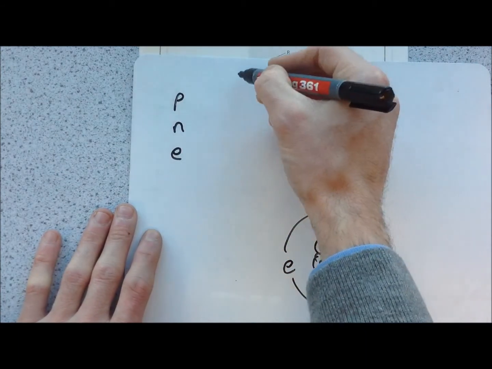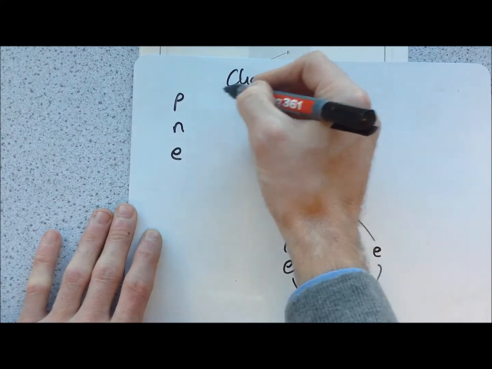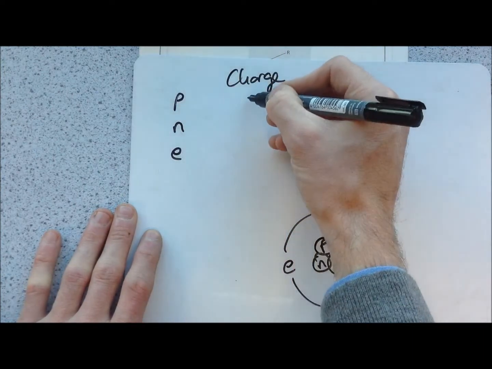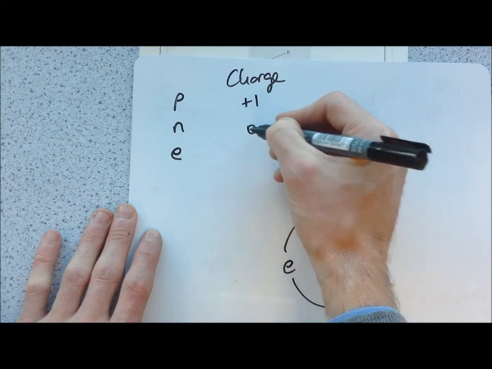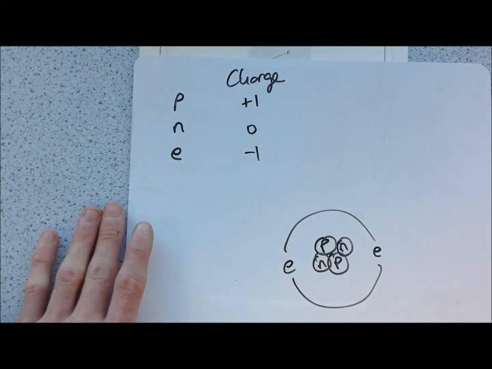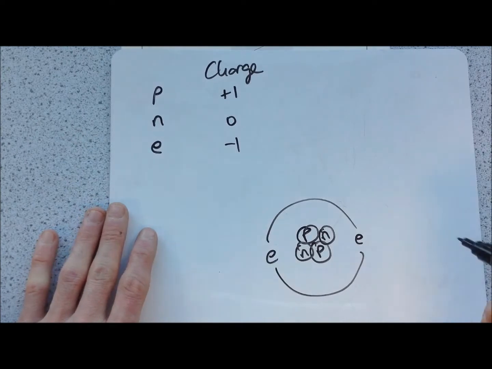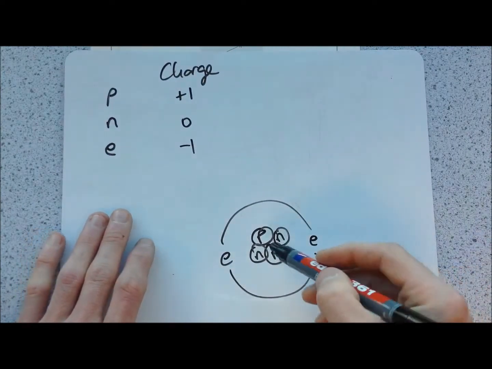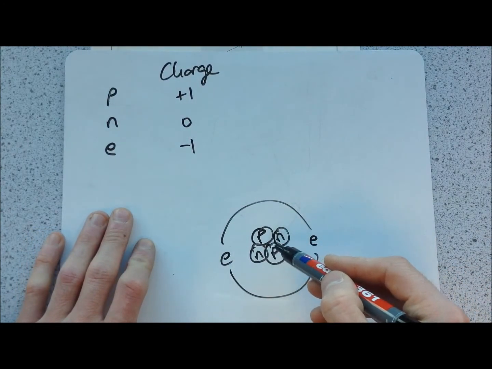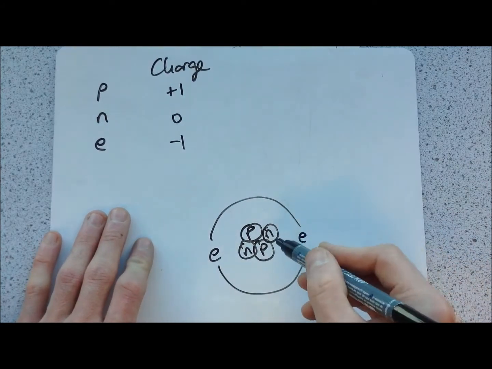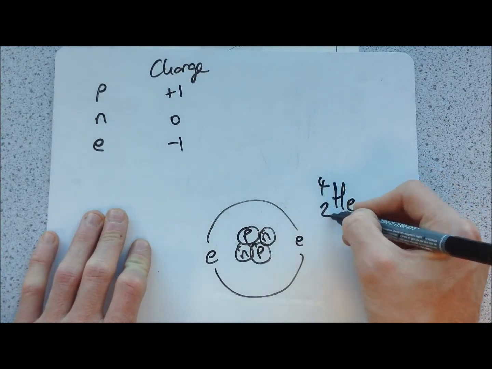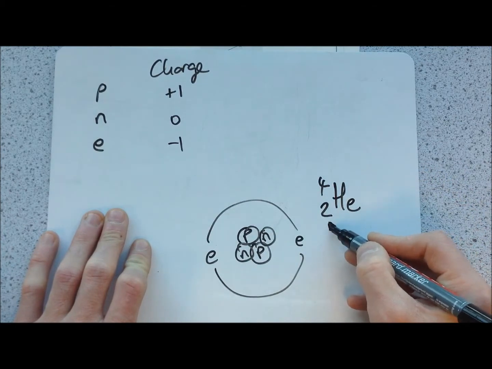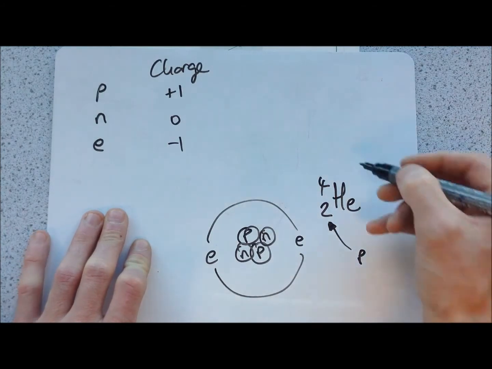If I wanted to know the charge on each of these, we say that the proton is positive, the neutron has no charge, and the electron is negative. Now this particular atom has 2 protons, 2 neutrons and 2 electrons. This is a helium atom. Helium looks like this on the periodic table. That's the atomic number, 2 protons.